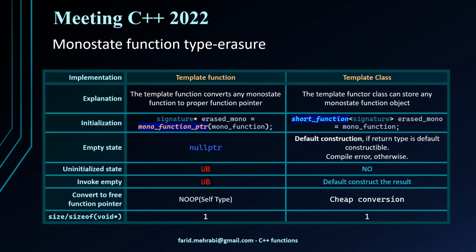If the return type is not default constructible, then the short function class cannot have an empty state. It cannot be default constructed, and trying to default construct a short function for such signatures will result in a compile error. The behavior is well defined, with no exceptions and no UB generated due to the definition of such a class.